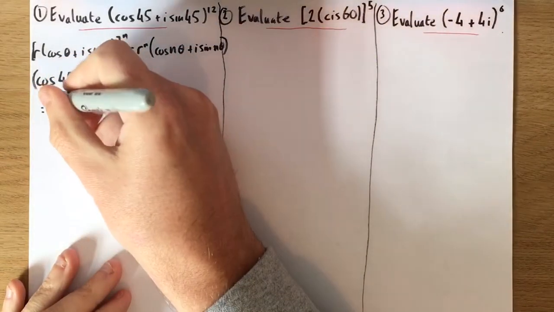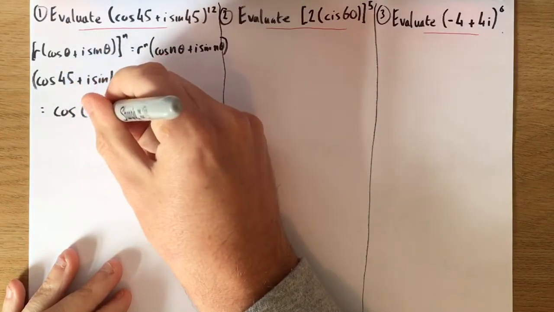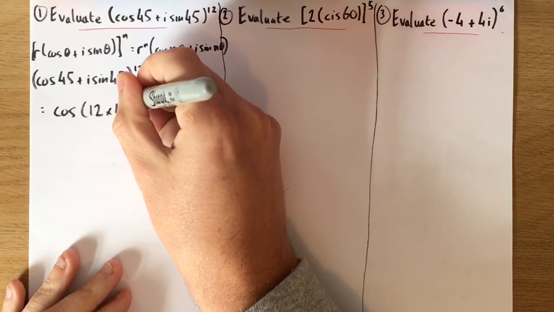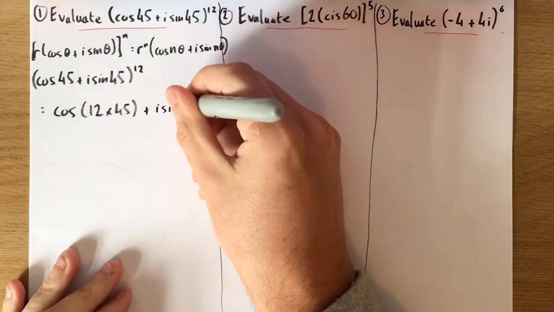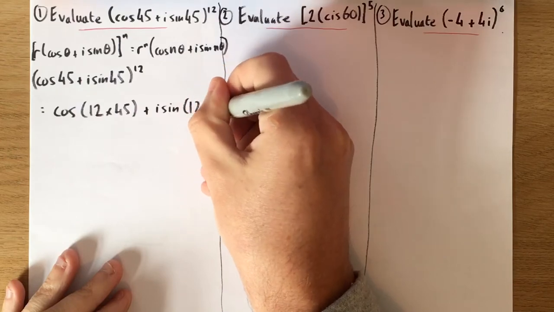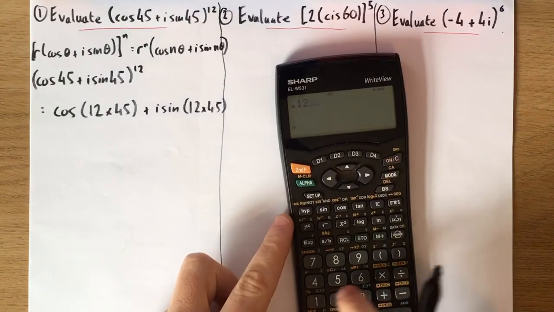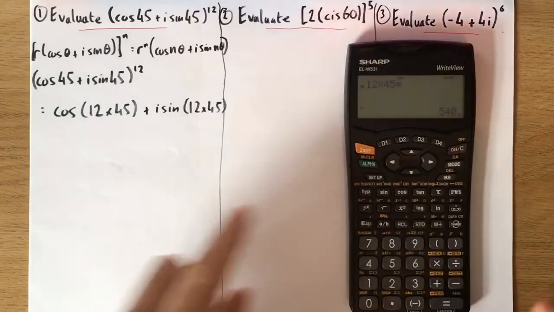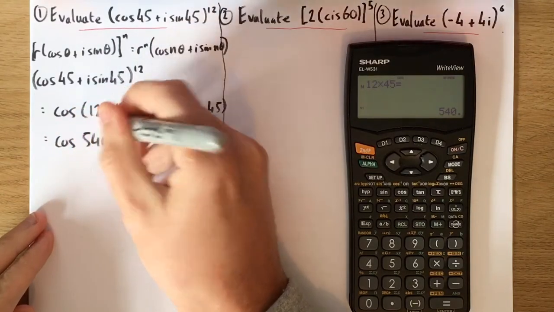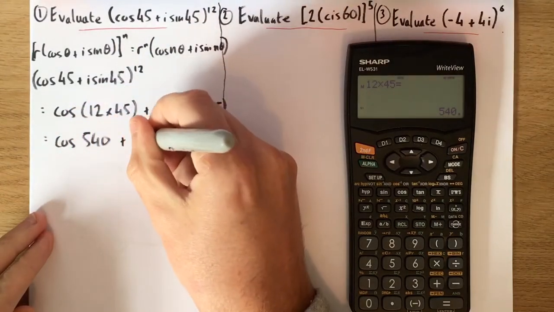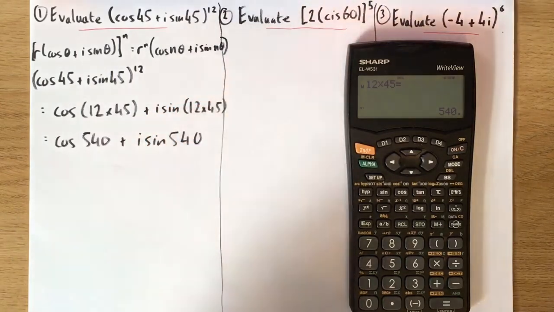That's equal to cos (12 times 45) + i sin (12 times 45). Let's work out 12 times 45. It's 540. So this is equal to cos 540 + i sin 540.